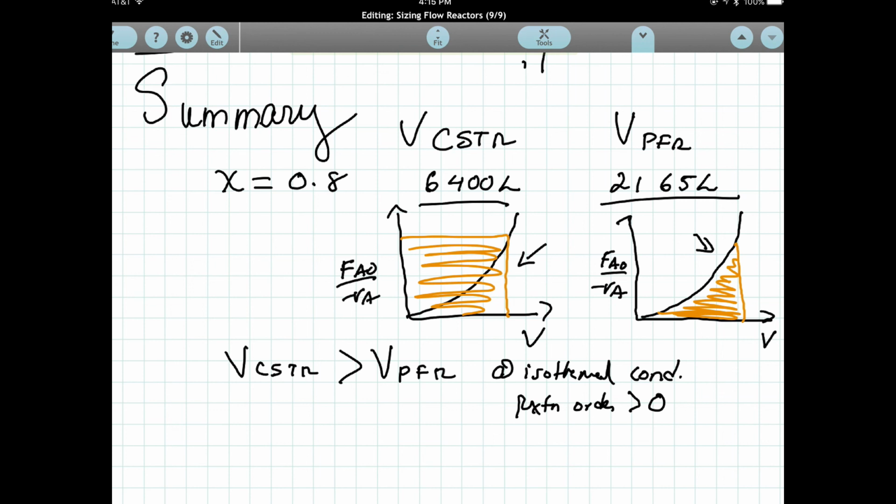In contrast, in the PFR, the conversion starts very low and increases, while the reaction rate starts very high at the beginning of the volume and decreases along the length. These trends are typically true under isothermal conditions. However, there are some exceptions, such as autocatalytic reactions, product-inhibited reactions, and non-isothermal exothermic reactions.